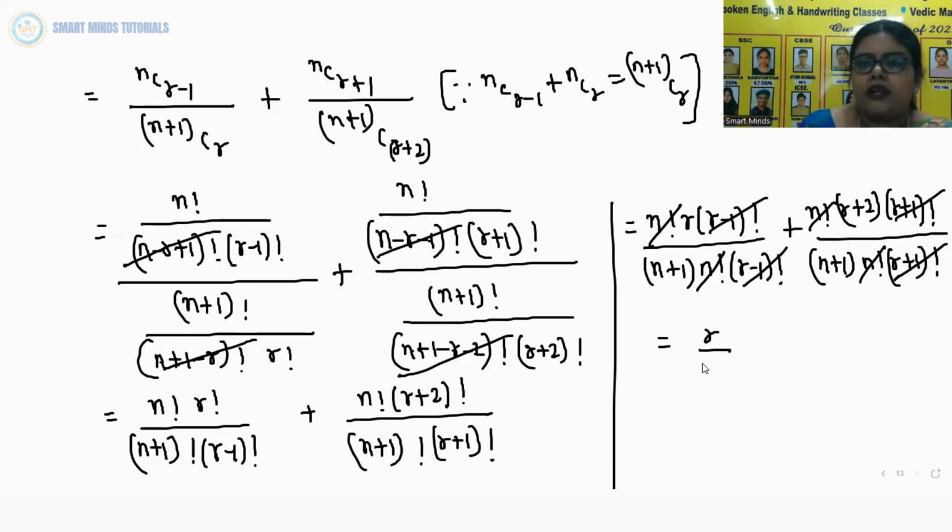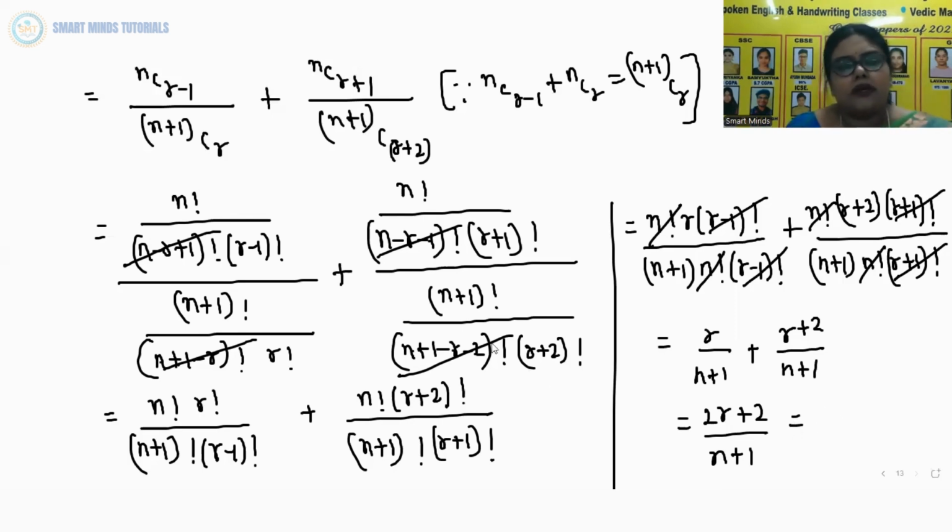So that is r/(n+1) + (r+2)/(n+1). Denominators are the same, add the numerators: (2r+2)/(n+1). So let us take this as LHS. So we got the LHS value.